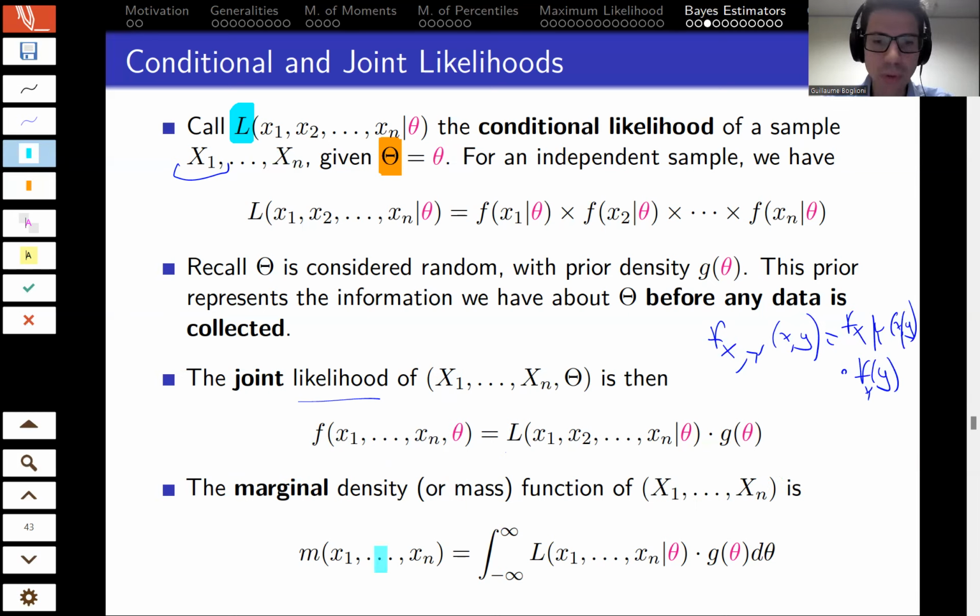As usual, if you want to get the marginals, you grab the joint, as given here, and you integrate out one of the variables to get the marginal of the other variable, or in this case the vector. So integrate out d theta over its whole support.